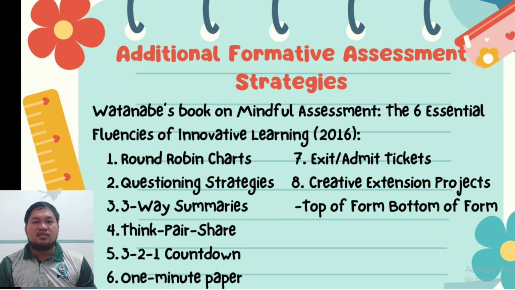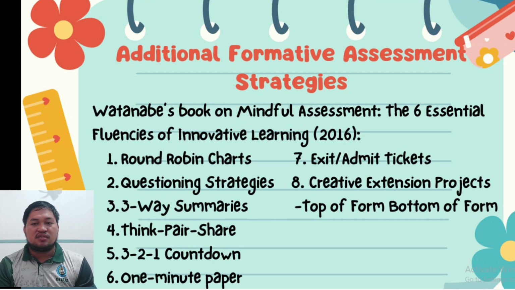The fourth strategy is think, pair, share. Think, pair, share is a collaborative learning strategy where students first think individually about a question or problem, then discuss their ideas with a partner, and finally share their insights with a larger group or the class. Fifth, exit admit tickets.